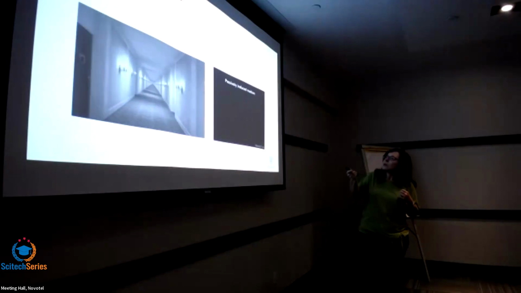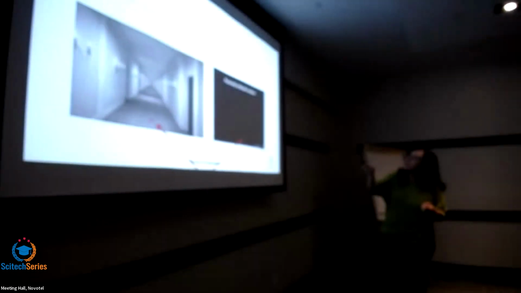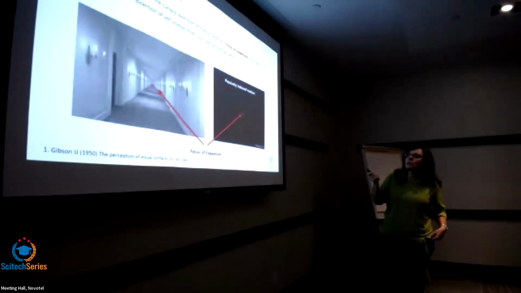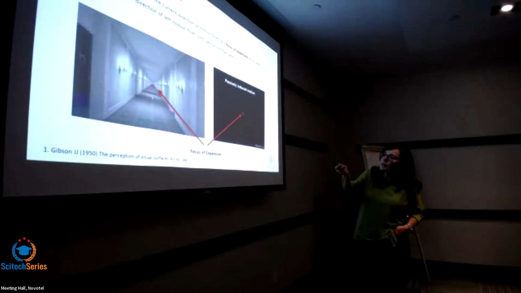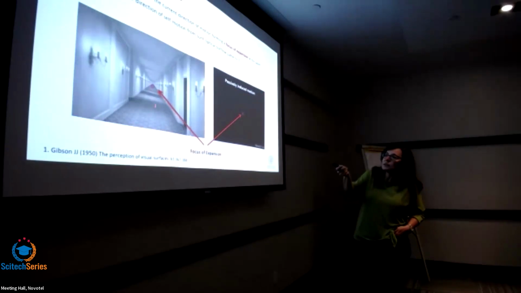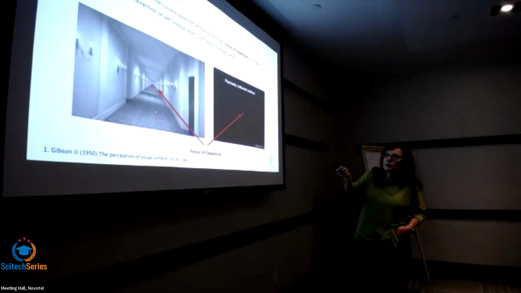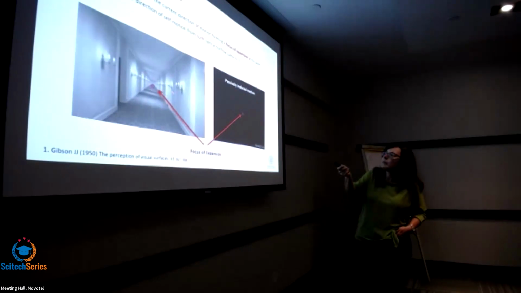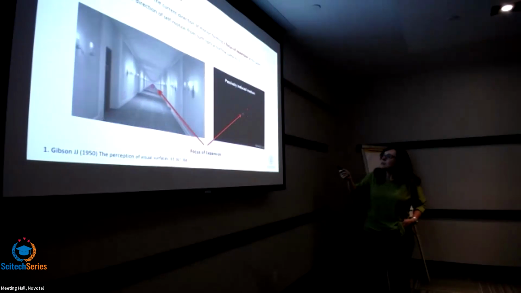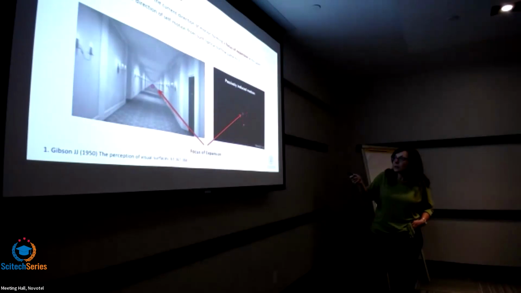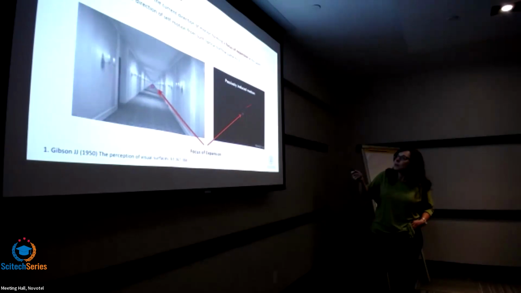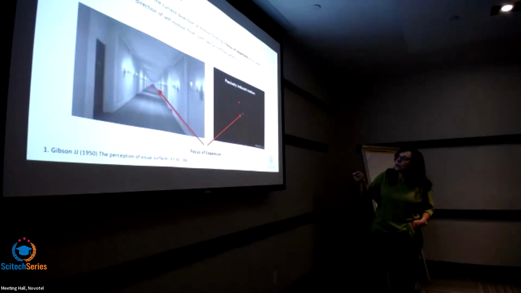So to give you an idea of what I'm talking about, when we move in the environment, we often experience something like that. This is a video representing a person moving in a corridor. And this is an experimental stimulus in which the person is in front of the screen, and we simulate passive motion with moving dots.